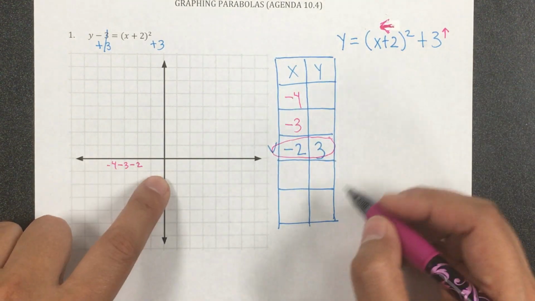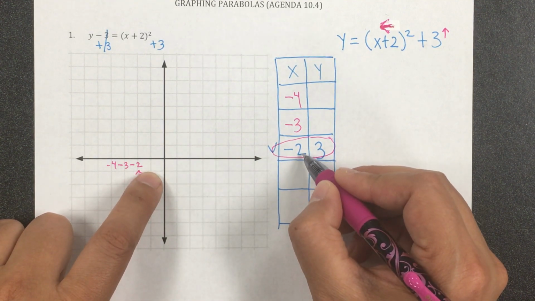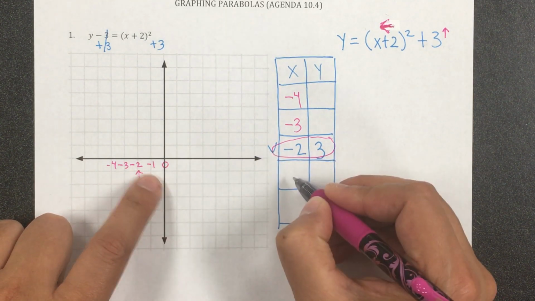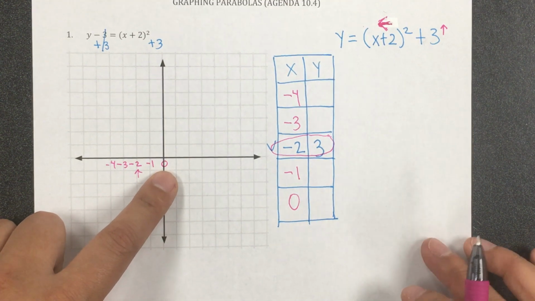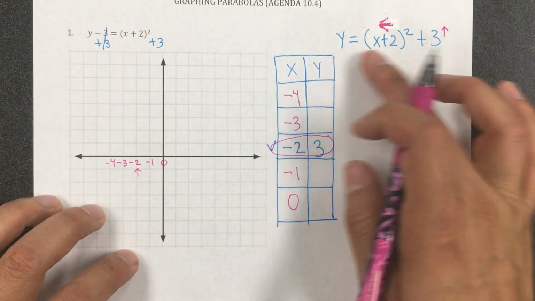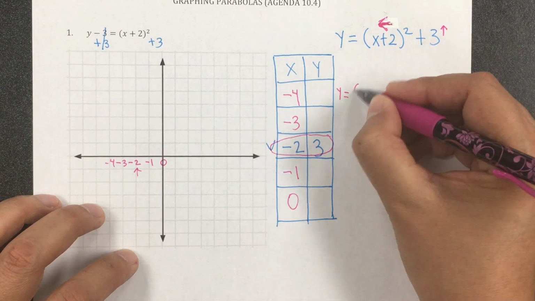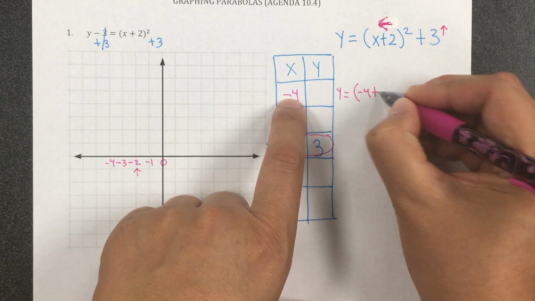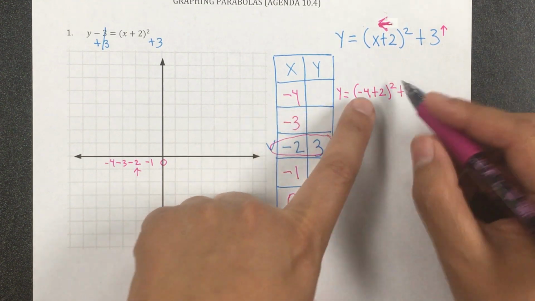And then from the vertex, we're gonna also do 2, but to the right, so it's -1 and 0. From there, we're gonna start finding the values. We're gonna use this form of the equation. It's gonna be y equals, the value of x is -4 plus 2, everything squared plus 3.